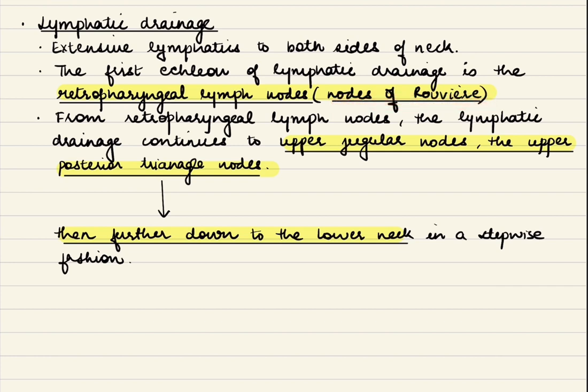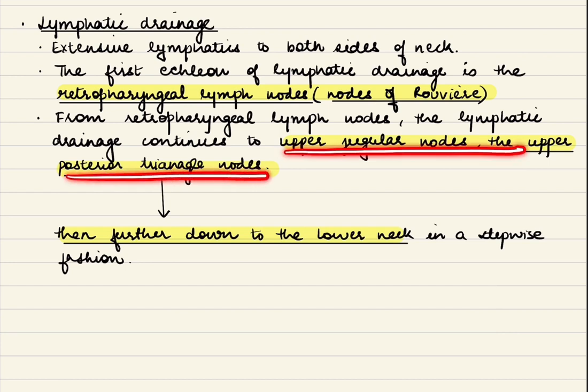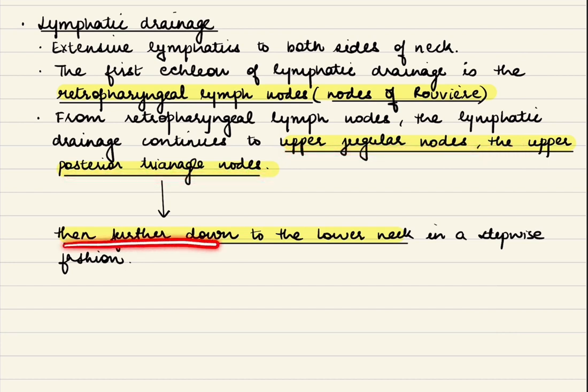From then on, the lymphatic drainage continues to the upper jugular nodes and the upper posterior triangle lymph nodes. And from there on, it goes into the lower neck in a stepwise fashion. So, firstly, the retropharyngeal lymph nodes, then the upper jugular and the upper posterior triangle lymph nodes, and then they continue into the lower neck.